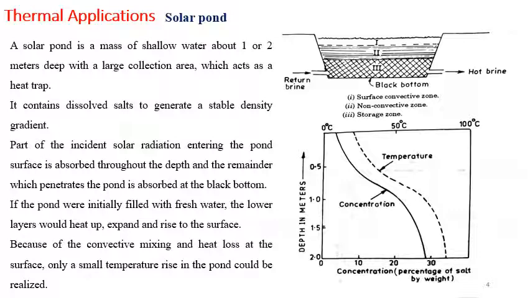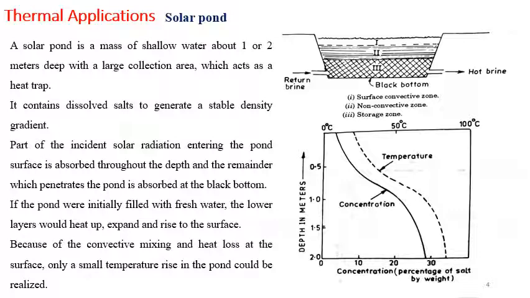So you can see in the diagram, the hot brine is at layer 3, which acts as the solar storage zone, the second one is the non-convective zone, and the third one is the surface convective zone.